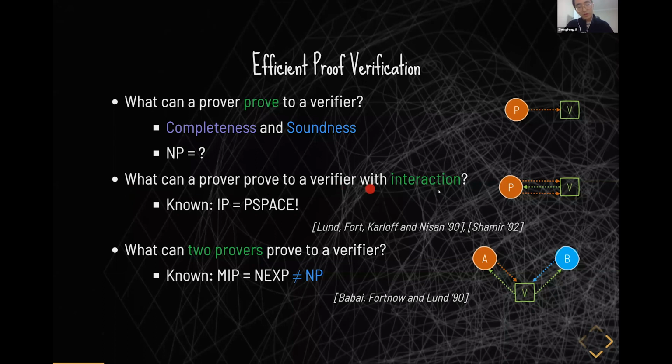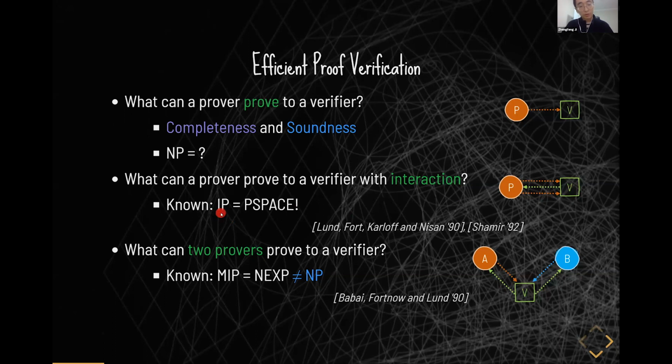A natural generalization of this model is to consider interaction. Now the prover can communicate with the verifier over multiple rounds of communication, and in the end the verifier determines whether to accept or not. That's called interactive proofs.